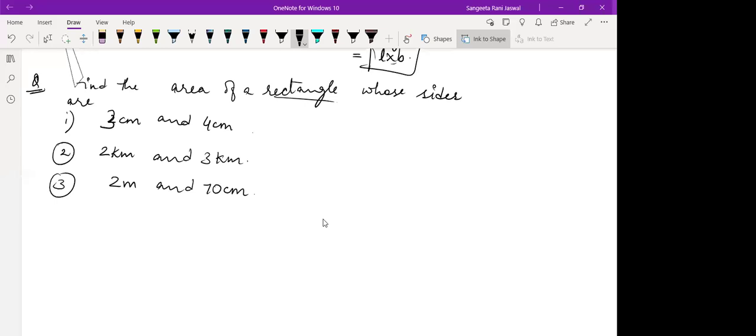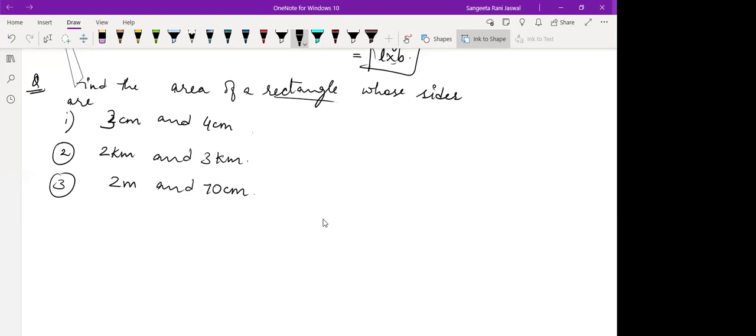Now see here, in the first question, both the dimensions are in centimeters. Children, please pay attention. In the second question also, it's kilometer and kilometer. So you will get your answer only when both length and breadth have the same unit.